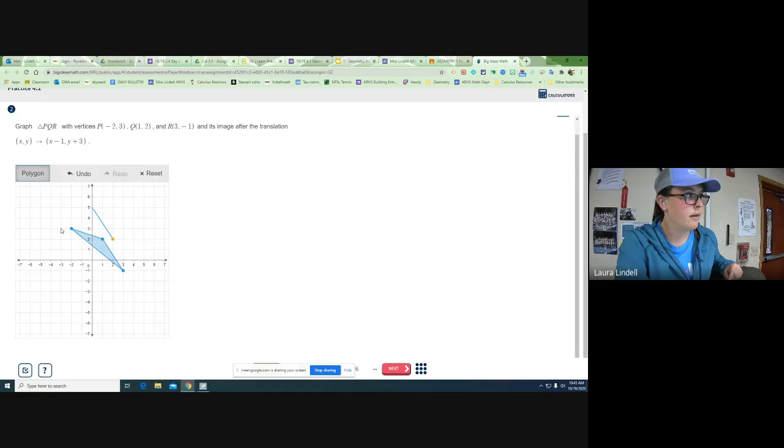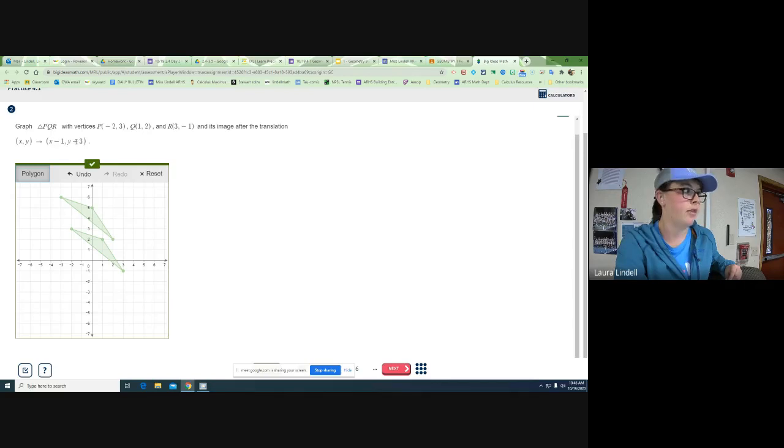Left 1, up 1, 2, 3, click. And then we click on the first point again to graph our shape. And again, if you would rather, you can write down these points and then subtract 1 from the x value and add 3 to the y value, and then graph your 3 new points. Whichever way you want to do it is totally fine.